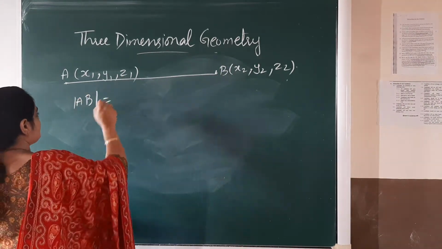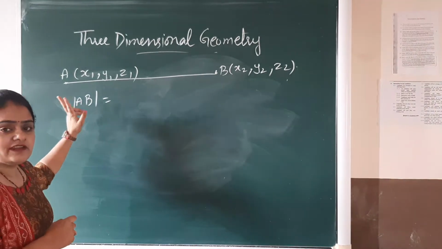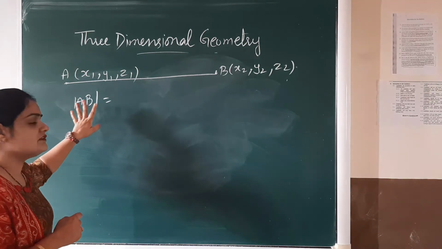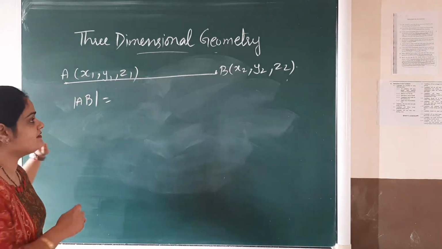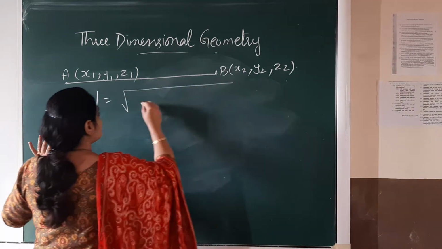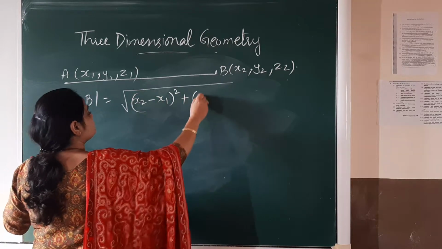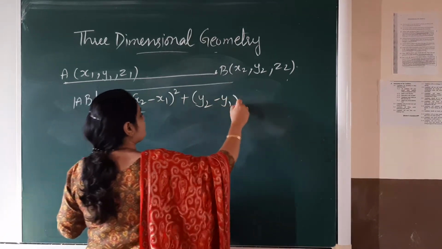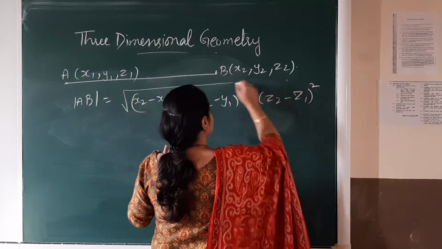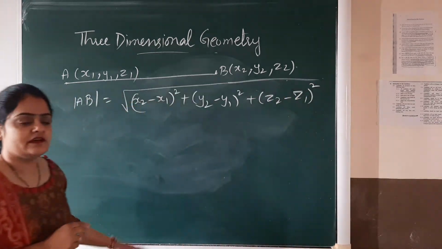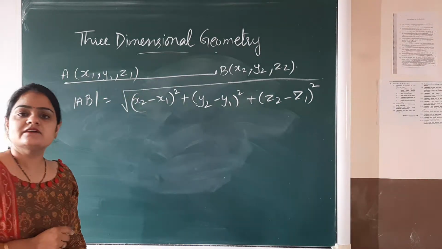AB is in modulus because distance cannot be negative. So whenever you are finding distance, you have to take the modulus sign. It shows that distance is always positive. It is the square root of (x2 minus x1) whole square plus (y2 minus y1) whole square plus (z2 minus z1) whole square. This is the formula to find the distance between 2 points which are lying in space.